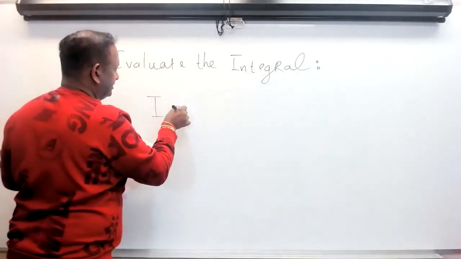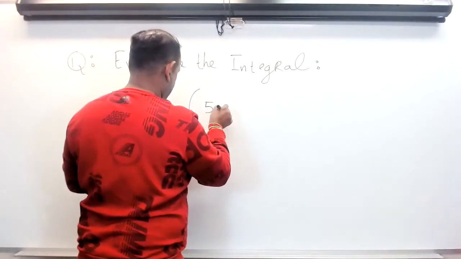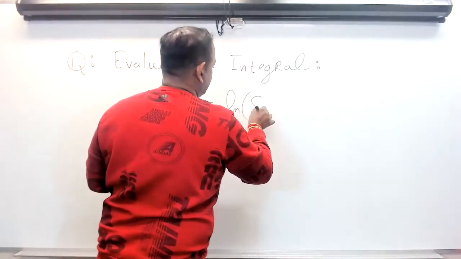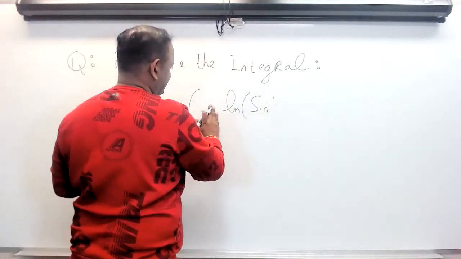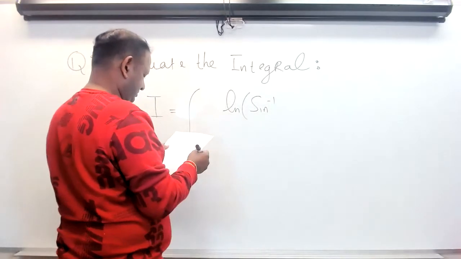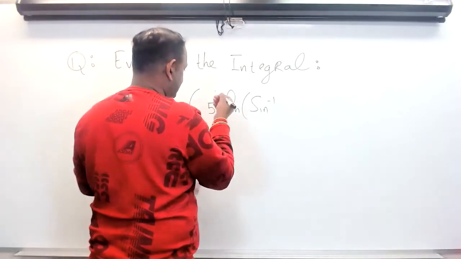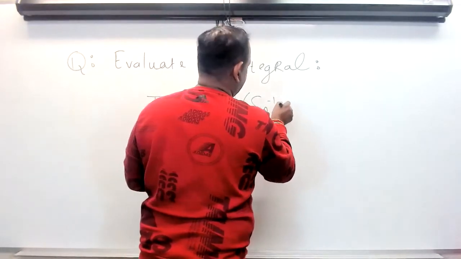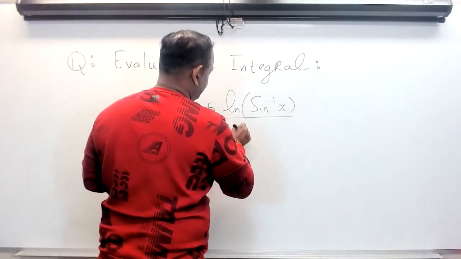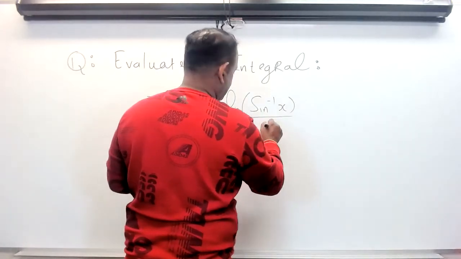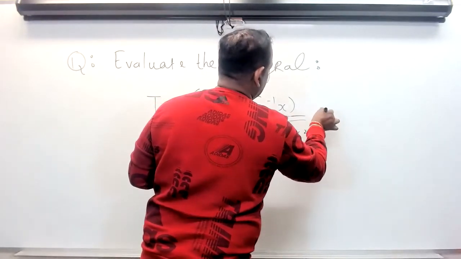I equals pi, the integral of ln of sine inverse x, divided by sine inverse x times the square root of 1 minus x squared, dx. I'm going to get rid of the 5, we don't need it, but if you want you can put it too.